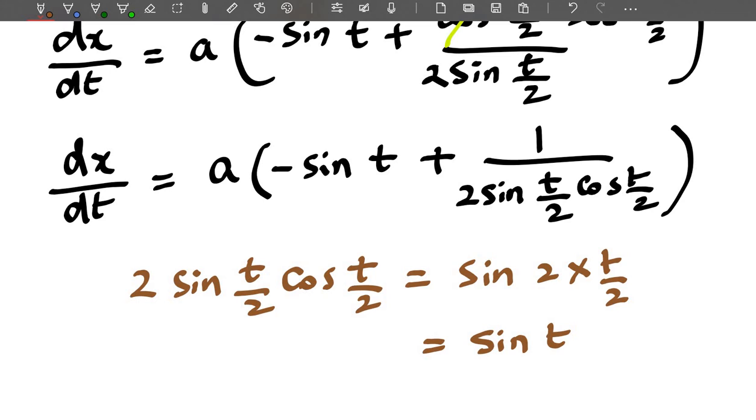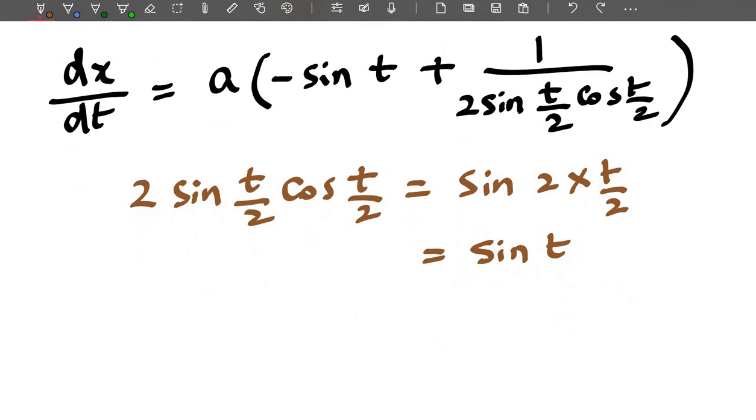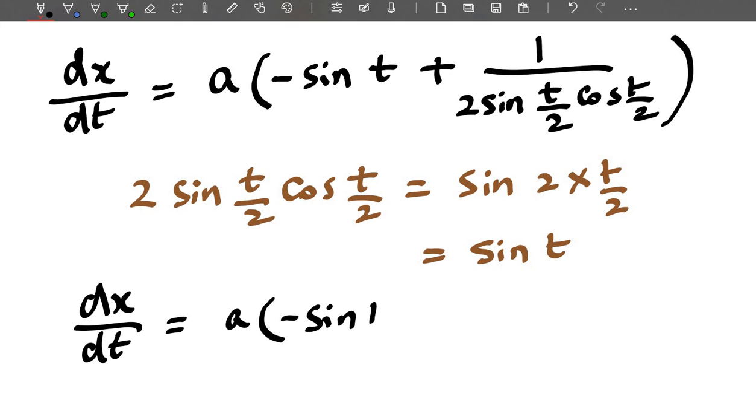Okay, so the denominator part is getting converted. We are talking about this part being converted to sine t, which is giving us dx by dt is equal to a minus sine t plus 1 by sine t.